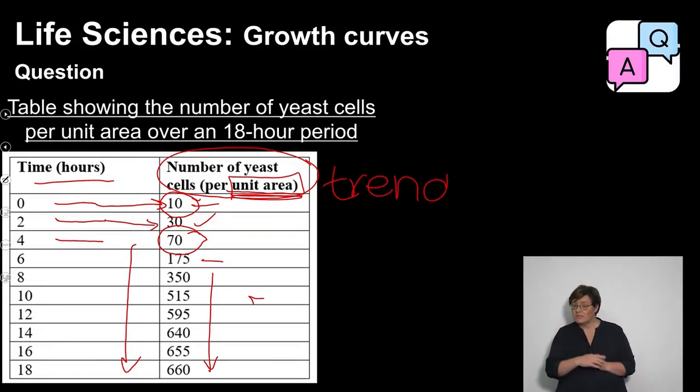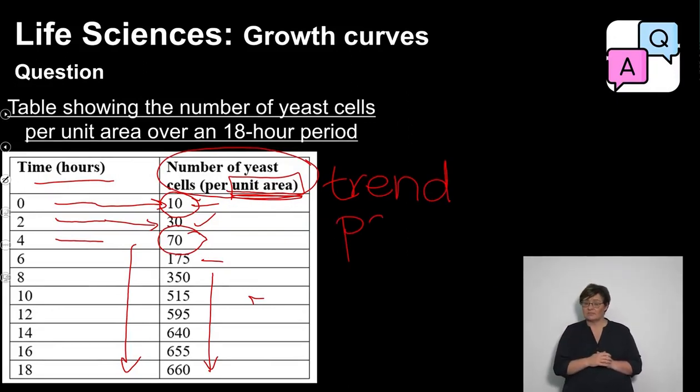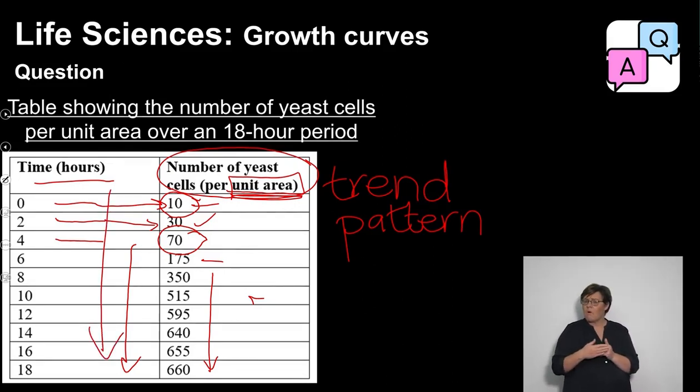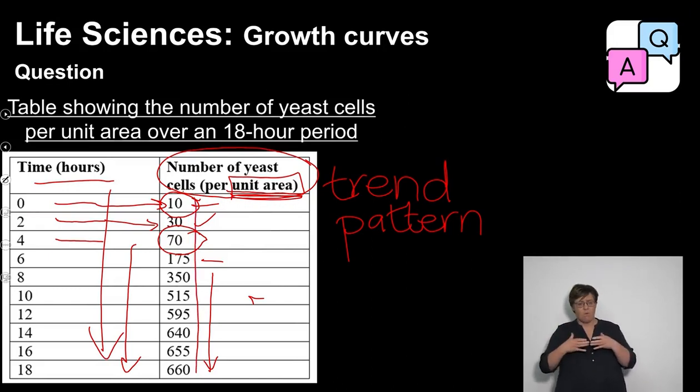And a trend, another name for a trend in life sciences, is a pattern. We can see a pattern developing. As time goes on or increases, so our numbers of the yeast cells are increasing as well.